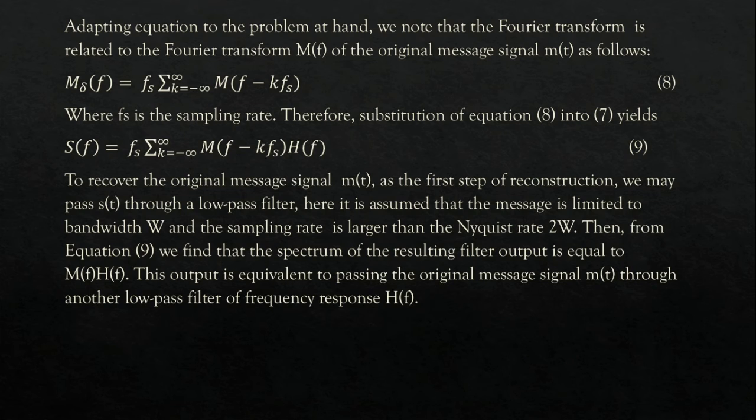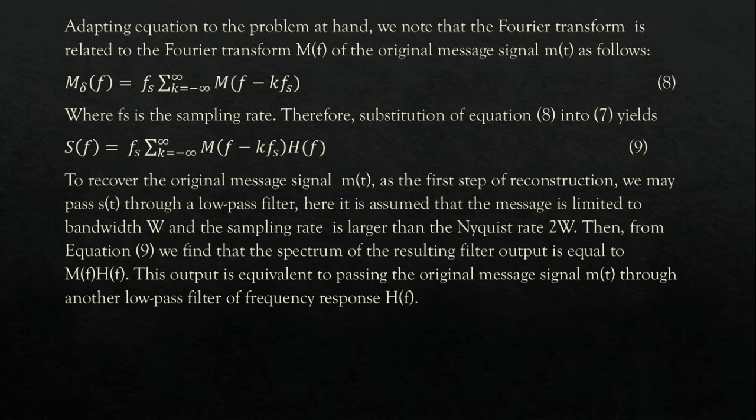Given a PAM signal s of t whose Fourier transform S of f is as defined in equation 9, how do we recover the original message signal m of t from it? As the first step in the reconstruction, we may pass s of t through a low pass filter whose frequency response is defined in the figure.